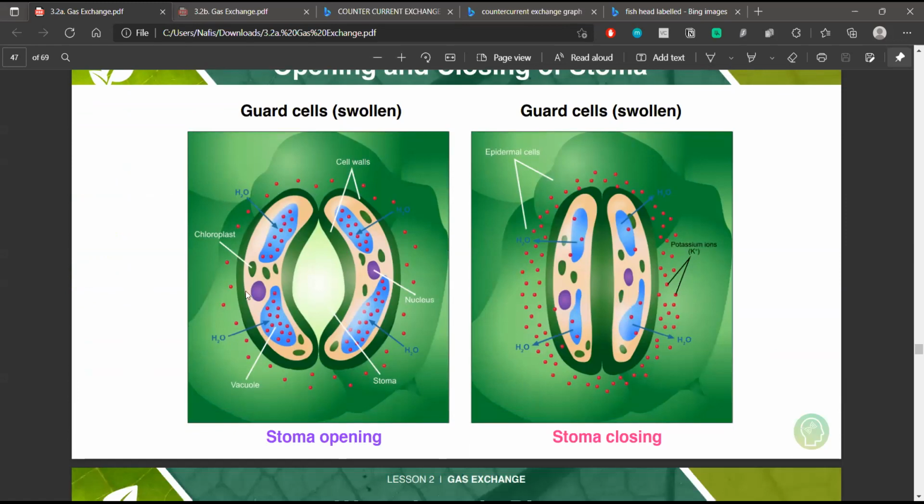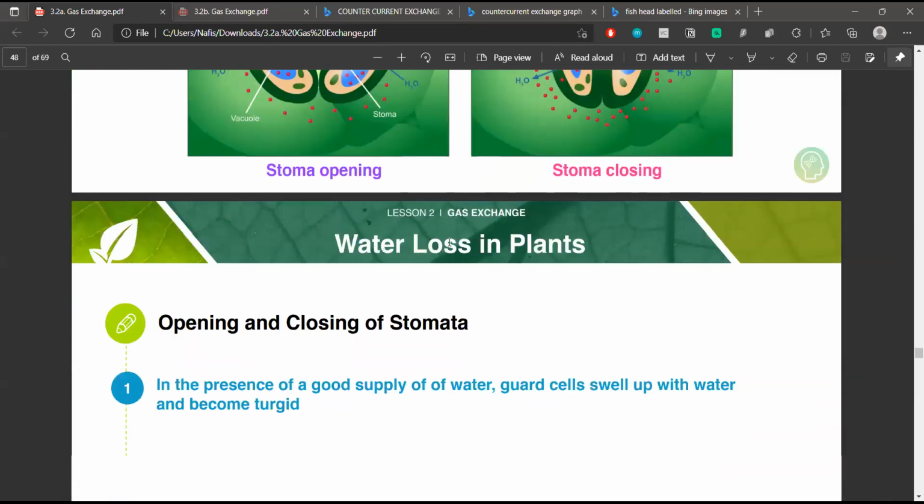So as you can see, when the water is flowing in, stomata open. When the water flows out, stomata close. And that's due to potassium ions, basically. So stomata open in the presence of UV light. It's the other way around.